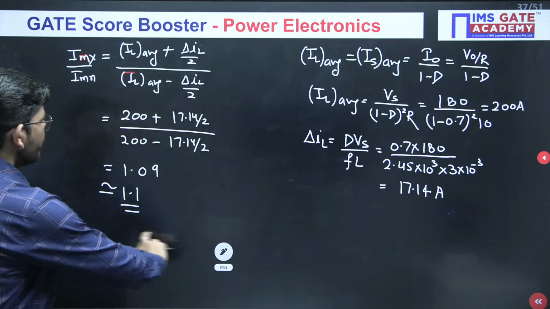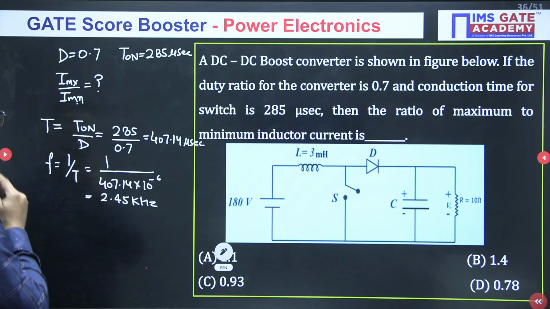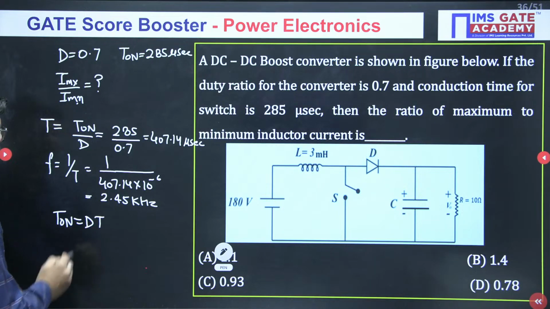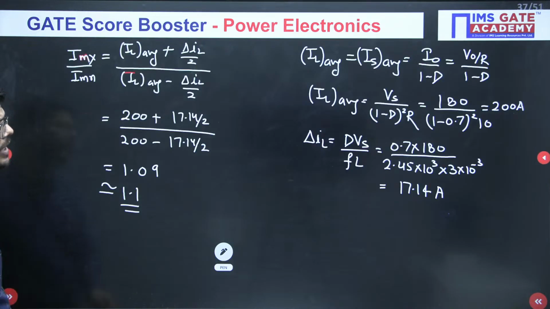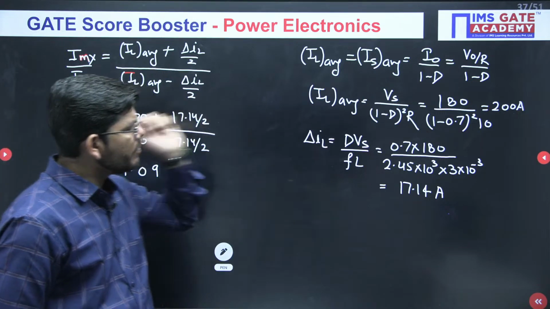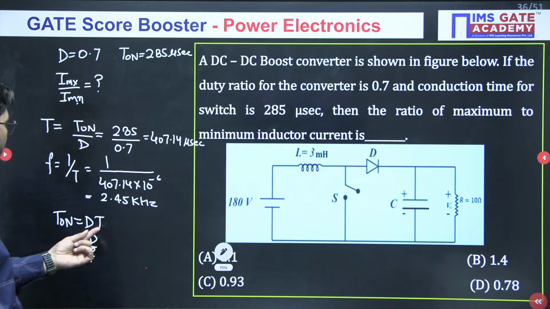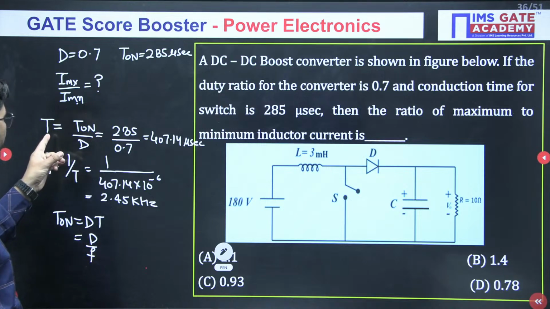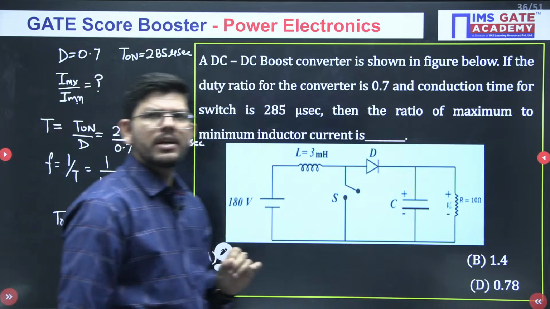And using that formula, IL is coming out to be different. How can it be different? Nilmesh, see, T on is equal to what? D times T, or you can write it as D upon F. So T on will be D upon F. T on is DT, so T will be T on by D. This is correct.